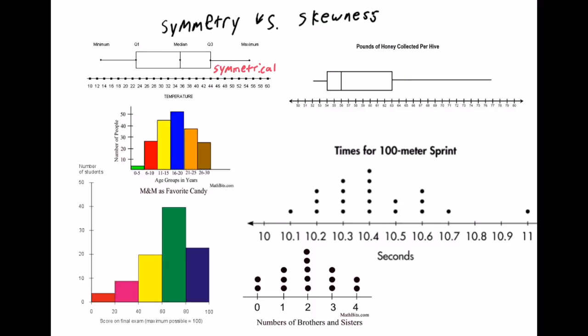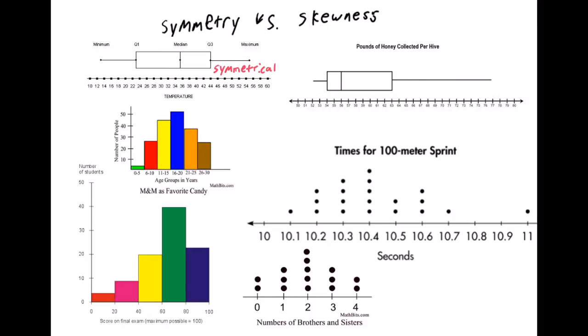Now with this one, however, this box plot over here, the whisker to the left and the box to the left are both much, much smaller than the box to the right and the whisker to the right. So that means there's a lot more data on the left than there is on the right.